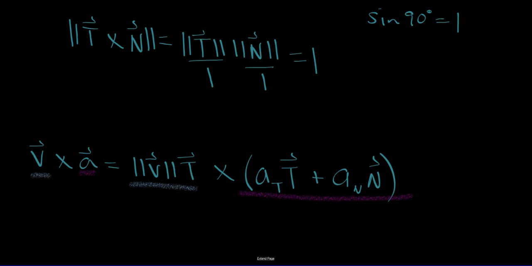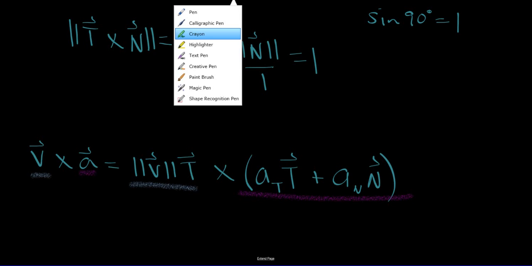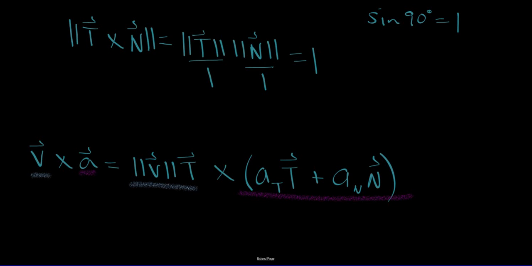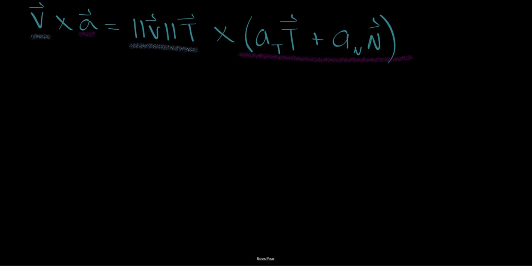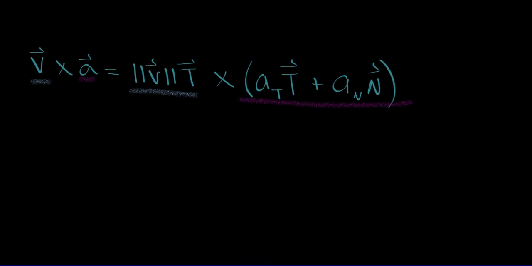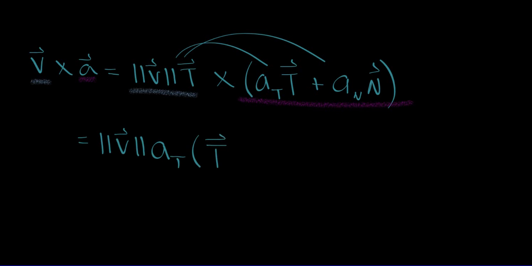Now, we go back to a property of cross products here, that it works pretty much the way you think it would. Kind of a distributivity thing, isn't it? So here's what we have. We've got the magnitude of V times A sub T times T cross T, right?